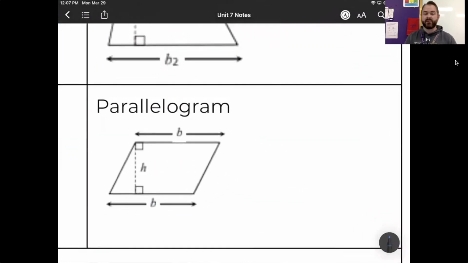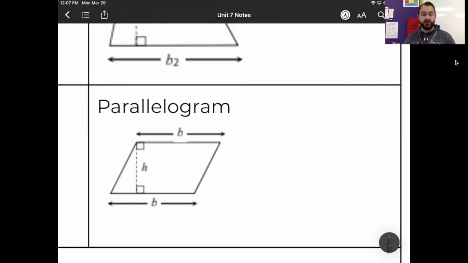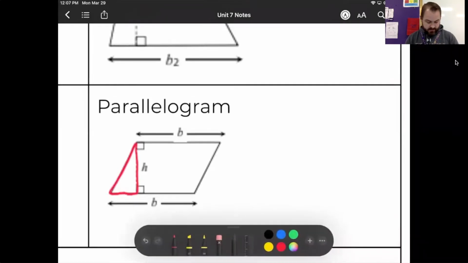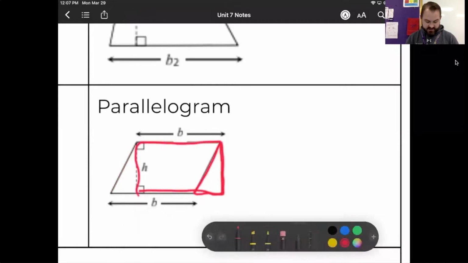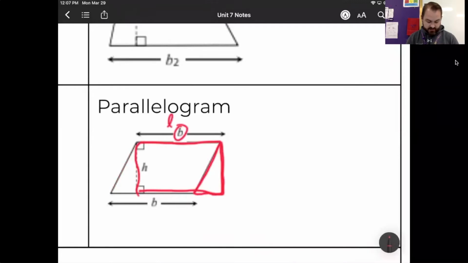All right, that leads us to these two. Let's talk about a parallelogram. A parallelogram is very similar to a rectangle. It looks like it's just slanted. In fact, they give you these dimensions, base and height again. If I were to take this height measurement and cut that triangle out, and then move that triangle over here, you'll notice it gives us a rectangle, where the length is actually this base, and the height is like your width.